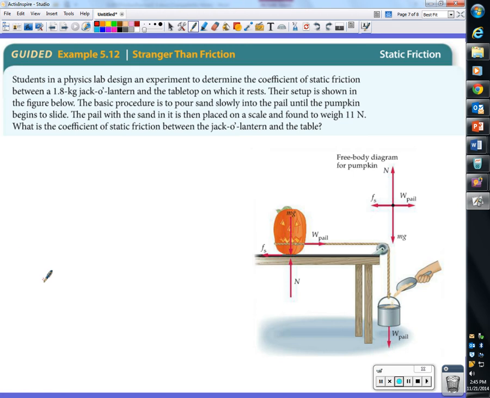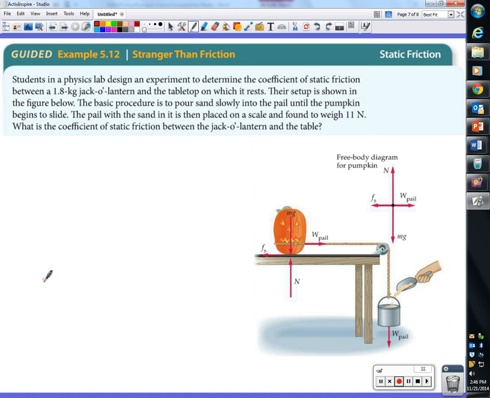All right. Guided example 5.12. Stranger than friction. This chapter is full of zingers. There's a couple of humdingers there. So it says students in a physics lab design an experiment to determine the coefficient of static friction between a 1.8 kilogram jack-o'-lantern and the tabletop on which it rests. Their setup is shown in the figure below.